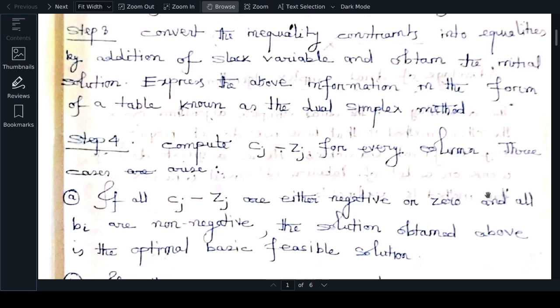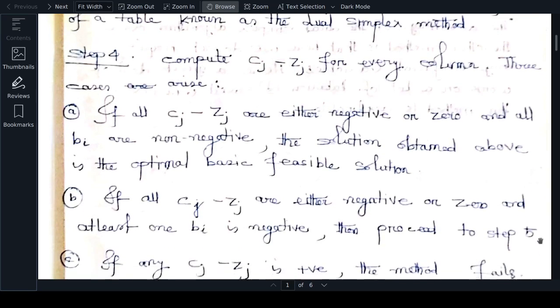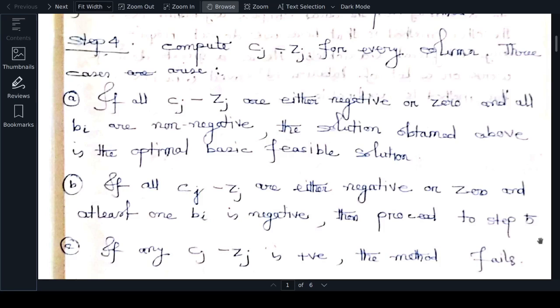So here there are 3 possibilities. What are the possibilities? The first one: if all Cj minus Zj, remember this is delta j, are either negative or zero and all bi are non-negative, so this is an important one. Small bi means the XB column. If all bi are non-negative, then the solution obtained above is the optimal basic feasible solution.